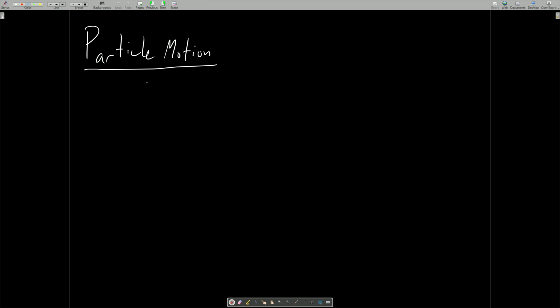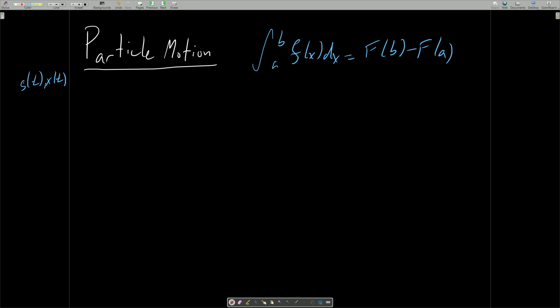Particle motion is another situation where you would need to use the fundamental theorem of calculus in many situations. One thing to note about particle motion right now is, remember your position should be like s of t or x of t.